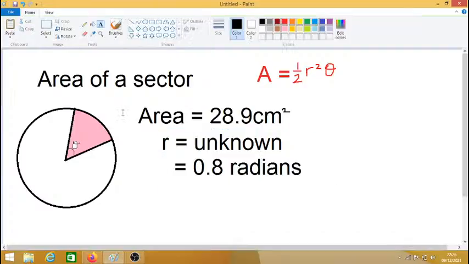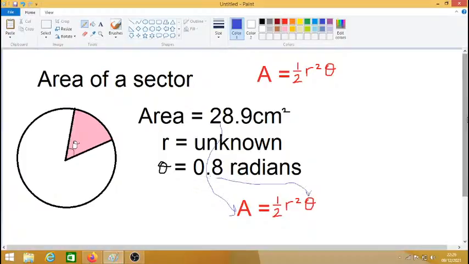So based on that information, can we work out what the radius is? Yes, we can. We just use the same formula. Area is equal to half times r squared theta. So let's copy that. The 28.9 is the area, so that can go here. The radius is unknown, so we can leave that as r. And the angle is 0.8, so that can go here.